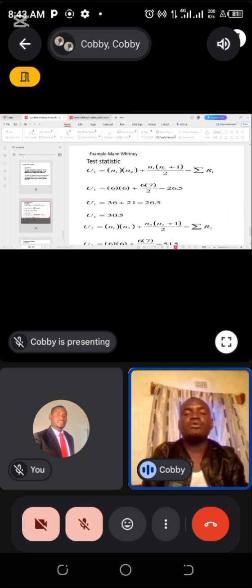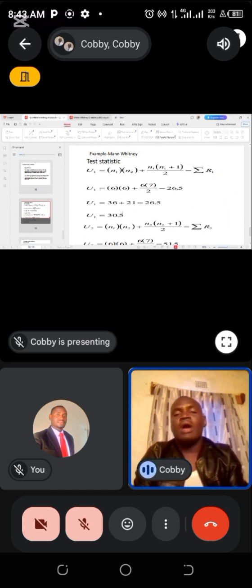It's N1 plus 1, which is 6 plus 1, giving us 7, over 2, minus 26.5, which is R1.